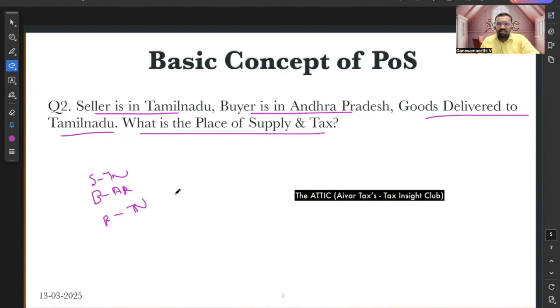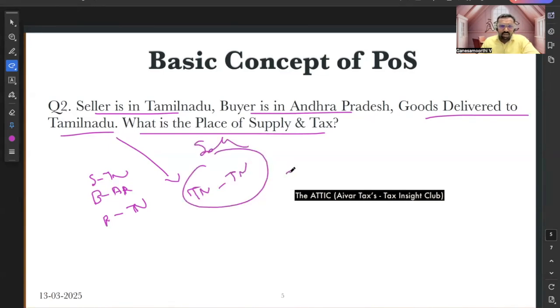Here, what tax has to be declared? Again, most persons simply conclude that GST is a destination-based consumption tax. So goods destined to Tamil Nadu and goods consumed in Tamil Nadu, and the seller is in Tamil Nadu. Hence, CGST, SGST will be applicable.